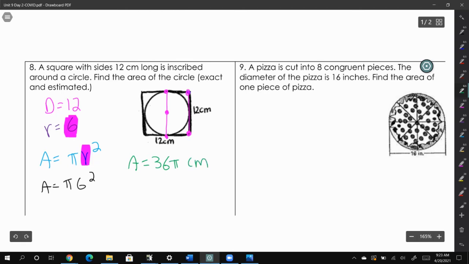And then we also need to get the estimated area. Our exact area is 36 pi. Our estimated one is going to be 113.1. I just typed in 36 times pi in the calculator. So area equals 113.1 square centimeters.